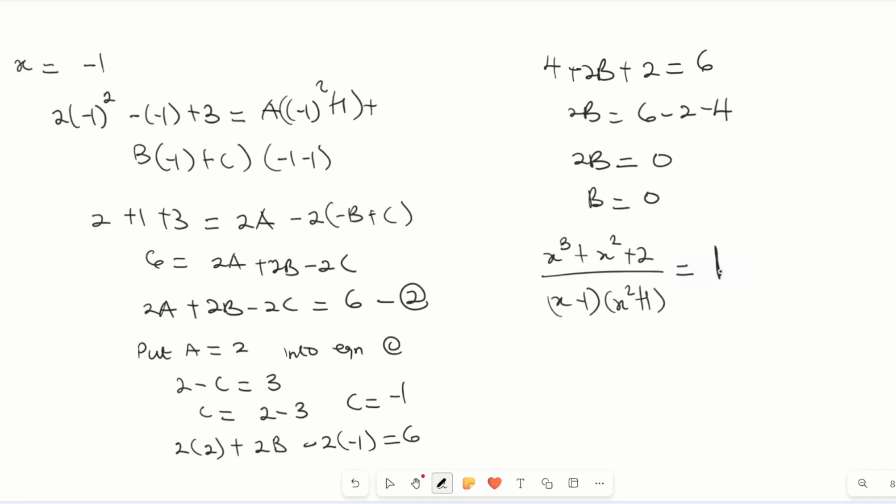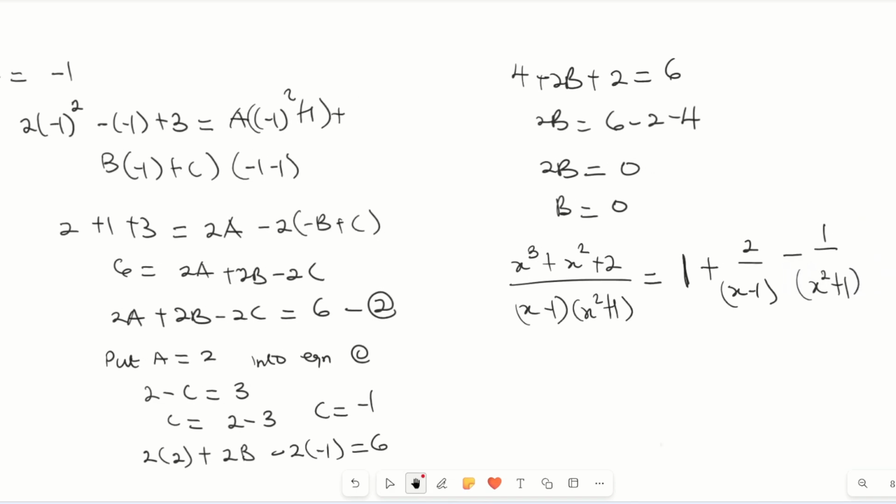Realize that when we did the long division, we got 1 first. So plus our a, which is 2, all over x minus 1. Now we see that our b is 0, so it means we are going to have minus, the c is -1, so minus 1 all over x squared plus 1.